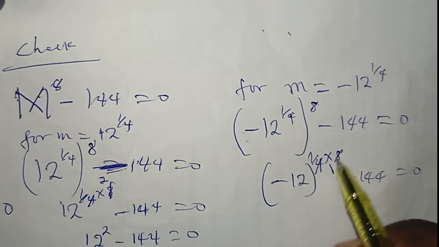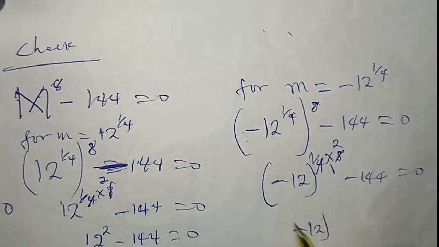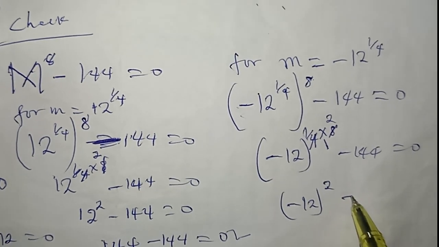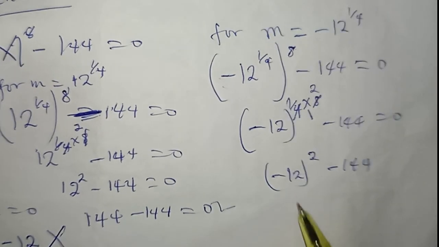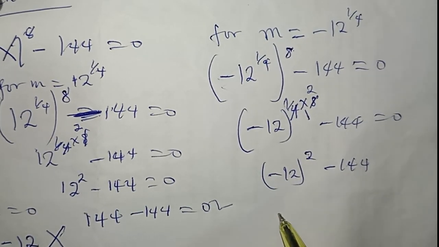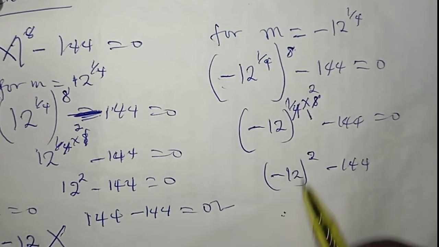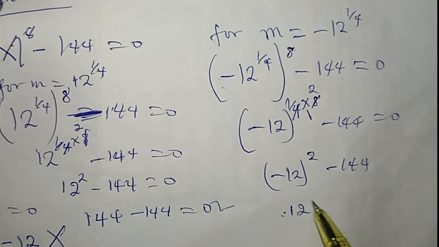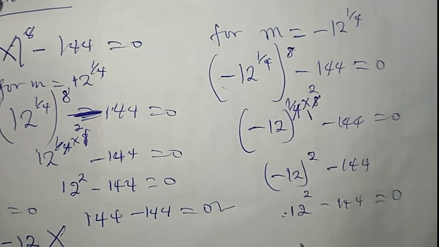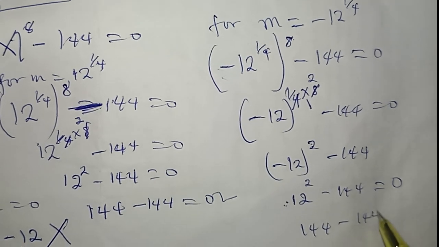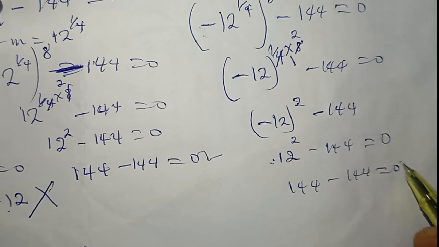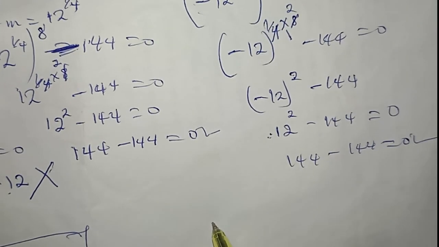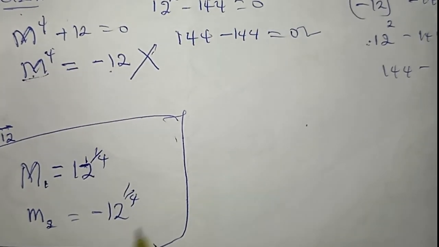This divides itself to 1, and this divides to 2, so I have minus 12 power 2 minus 144. Minus 1 multiplied by minus 1 power 2 is positive, so what I have here is positive 12 power 2 minus 144 is equal to 0. So this is 144 minus 144 is equal to 0. So you can see clearly that the two values of m, negative and positive 12 power 1 over 4, actually satisfy the equation we are solving.